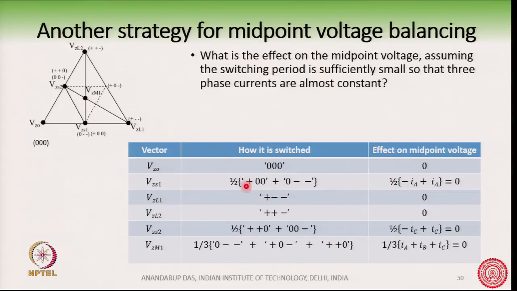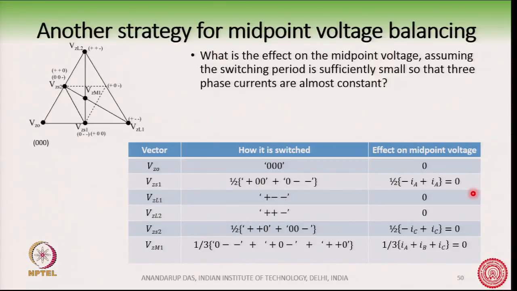So, in plus 0 0 we have seen that we have minus IA as the midpoint current, and with 0 minus minus we have plus IA as the midpoint current. So, if I apply this new vector VZS1, we will have a net current 0.